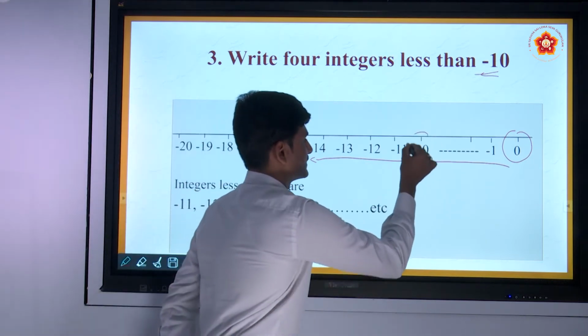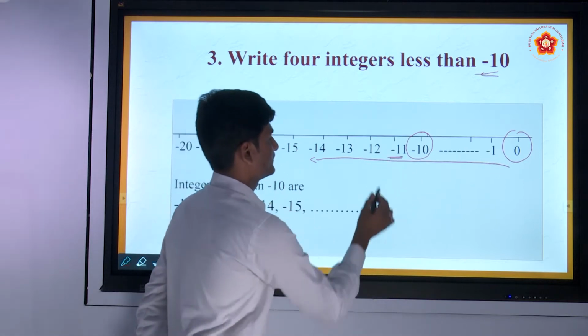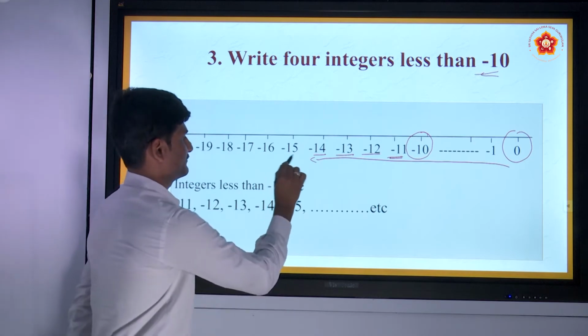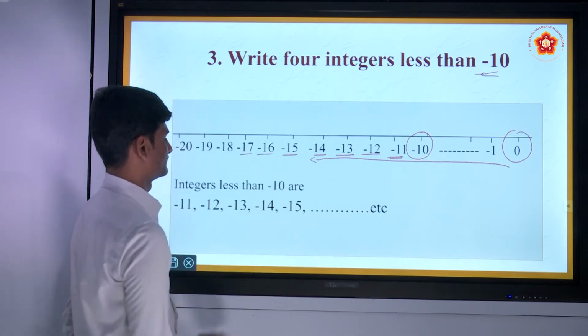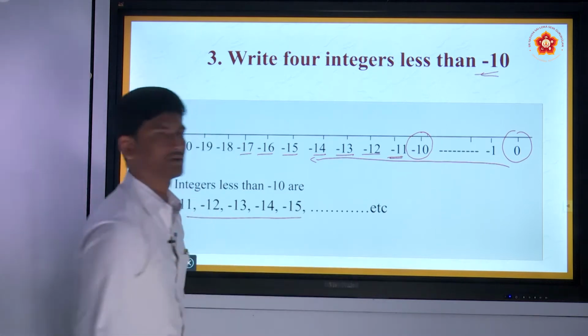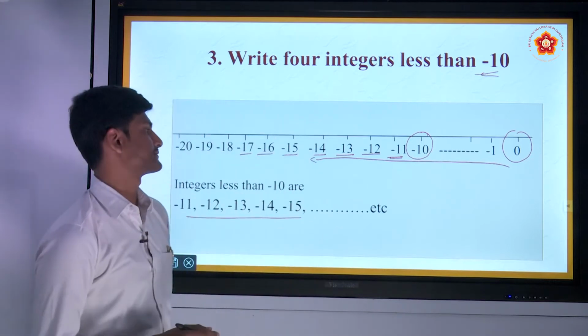Here, less than -10 we have -11, -12, -13, -14, -15, -16, -17, etc. Towards the right side, the number increases.